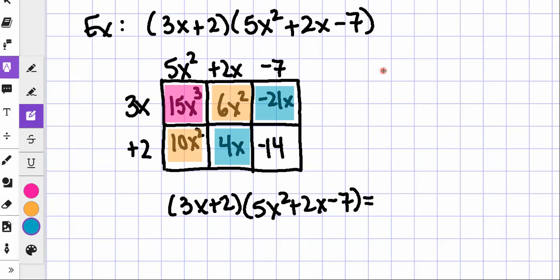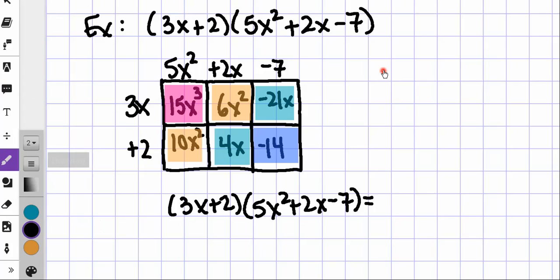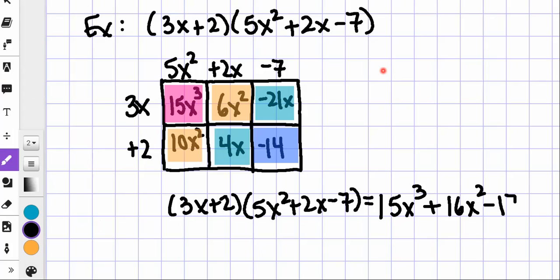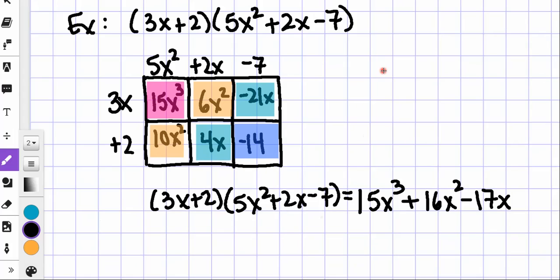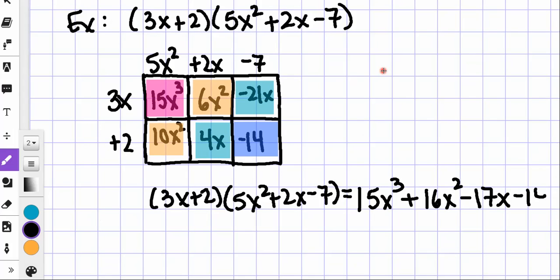These are both x's. And then I have my number. So I'm going to get 15x cubed plus 16x squared minus 17x minus 14. And that's going to be your answer.